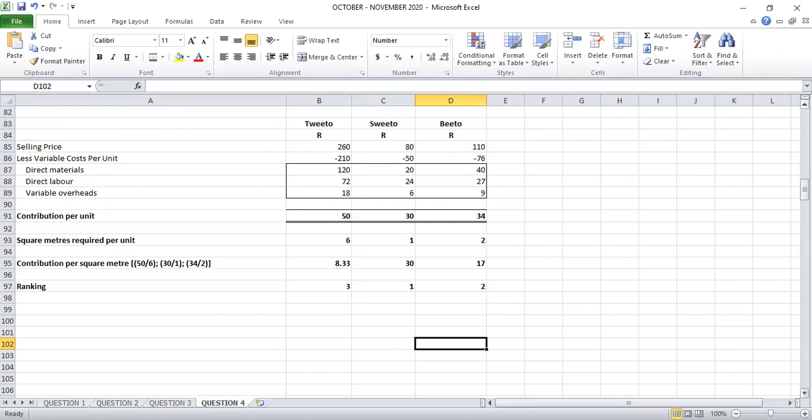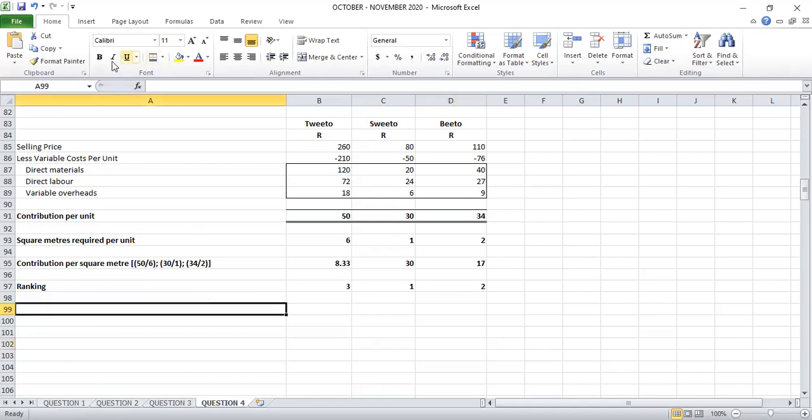Number 3, Twito. So as you can see, although Sweeto was giving the lowest contribution per unit, in terms of raw materials, it's the most productive because it's only using 1 square meter to give us that 30 rand. Right. So then we'll have our allocation of the 11,000.